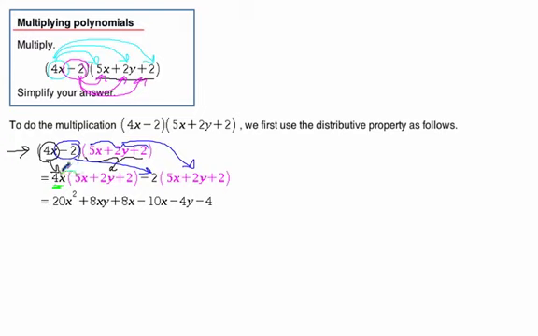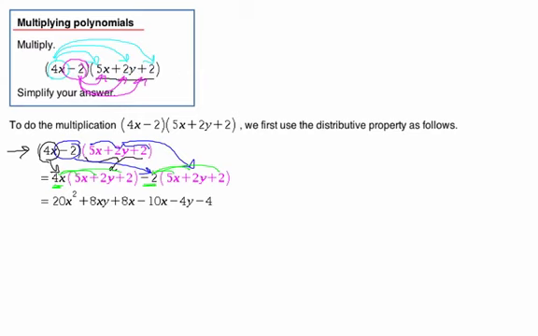The 4x gets distributed, and then the -2 gets distributed. So it's just like a big long distributive property. Any way you think about this is going to work just fine, as long as you keep track that everything in the first parentheses has to be multiplied by everything in the second parentheses.